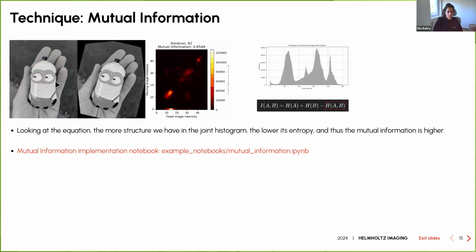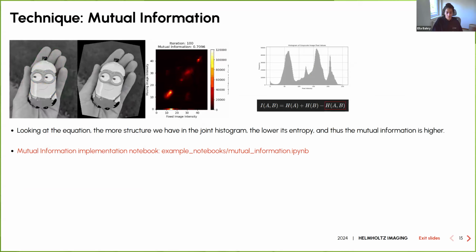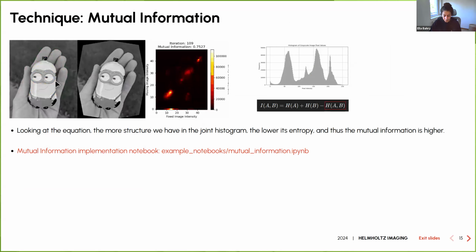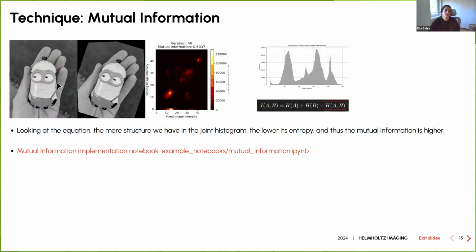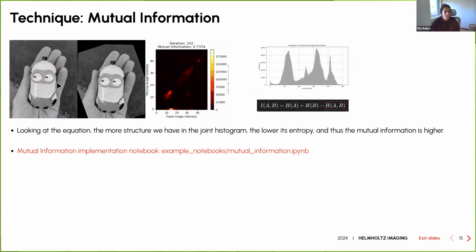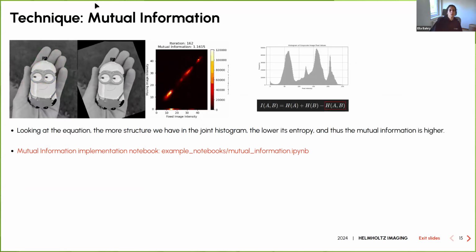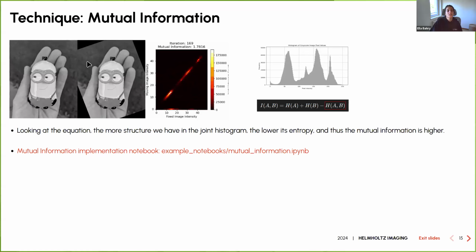Let's say that you have an MRI T1 and T2 for the same brain region. For instance, you would have dark in T1 and bright in T2. Or if you have satellite images from summer and winter, same information, but different colors, for instance. And this is why you want to use a more robust approach, and mutual information is your friend here.